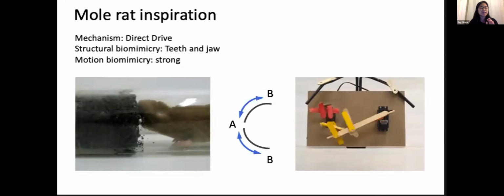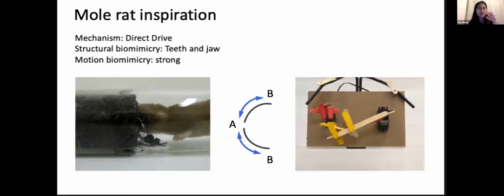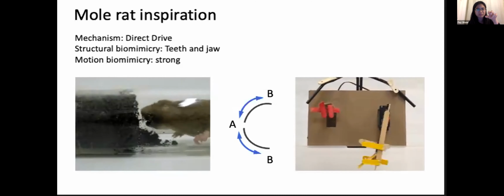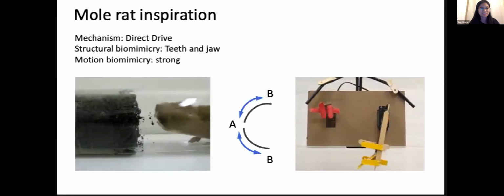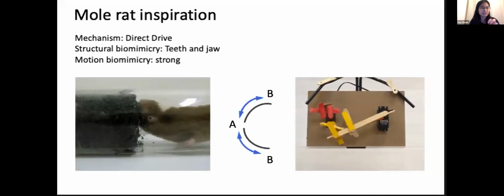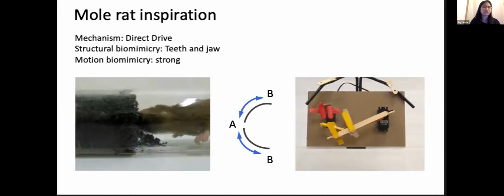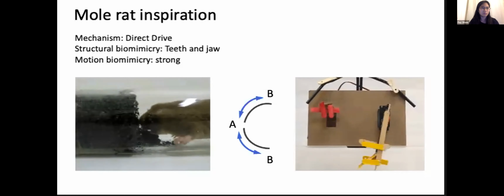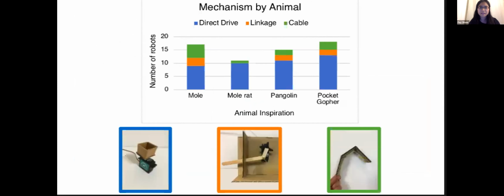So you can see the direct drive, it's attached straight to the motor. The red part is like the top teeth, the yellow, the bottom. There are these little black straws on top, which actually don't do anything. But you can see these teeth mimicked, and then you can see this motion, this back and forth. And we considered this a strong motion by mimicry.